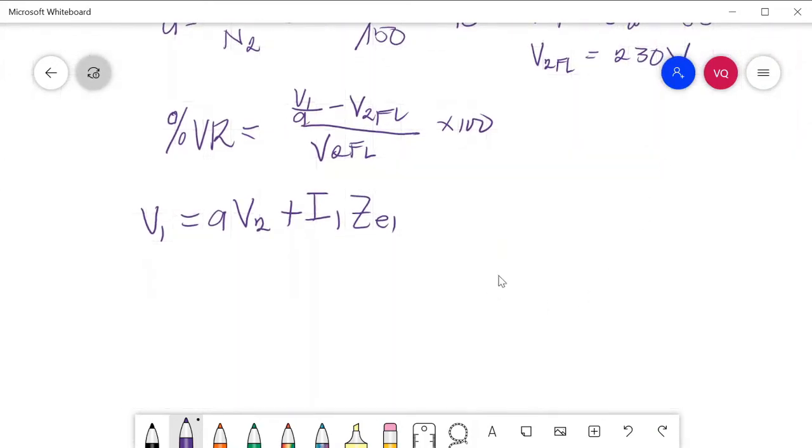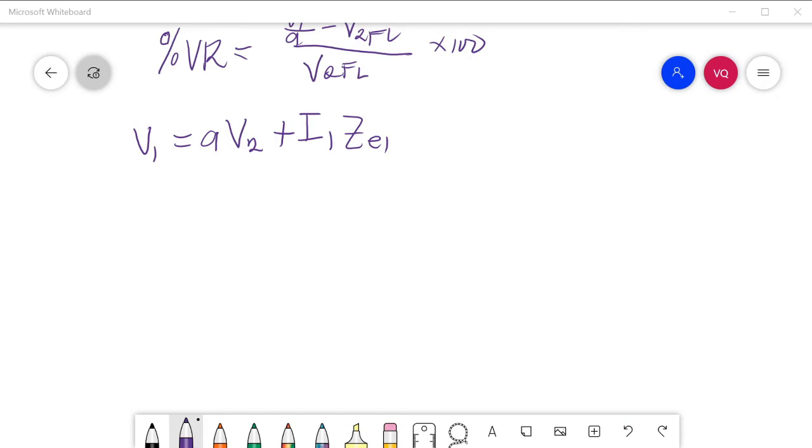Okay? So given na yung V2, na-solve na natin yung A. We can solve current by the formula apparent power is equal to EI. So I is equal to S over E. S is 15 kVA divided by the primary voltage.